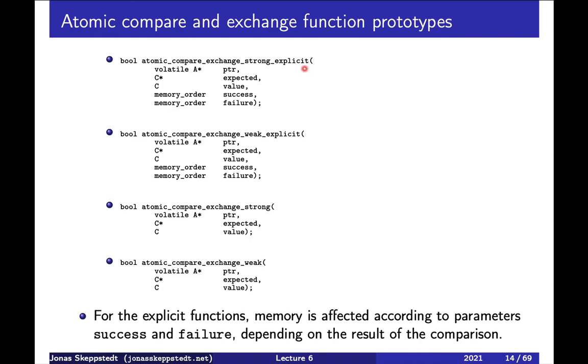Now what is added is strong and weak versions of this, and the reason for having that is that some machines have a single instruction which does exactly this, and other machines don't, but instead they implement this atomic operation split into 2 instructions.